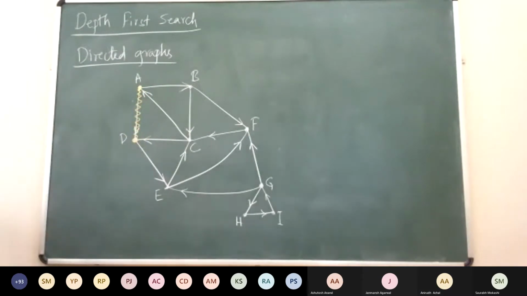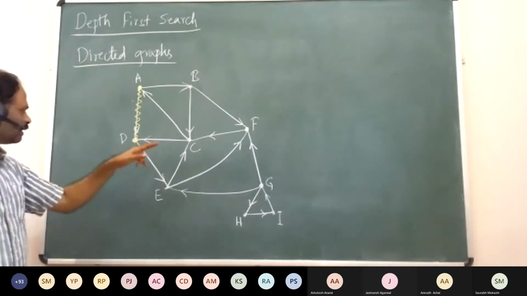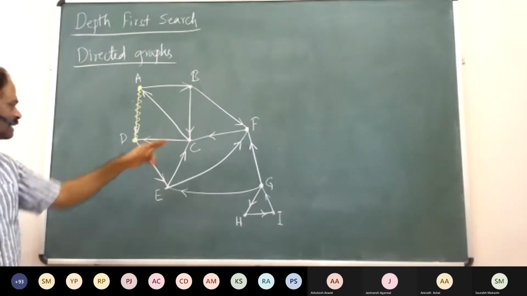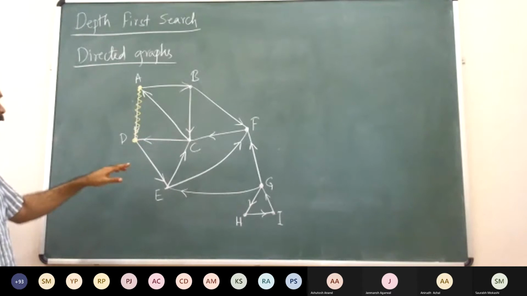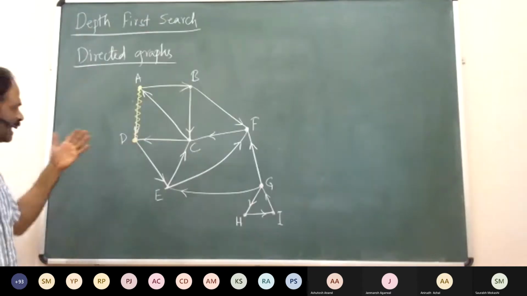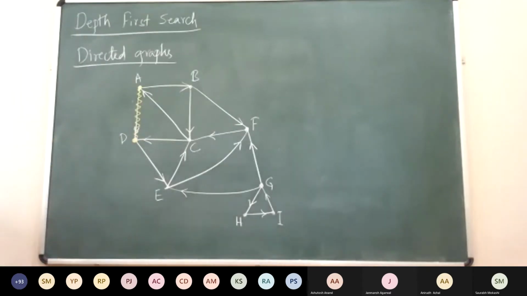So you go from A to D. Now you don't have much choice. D has only one out neighbor, E, which is unvisited.